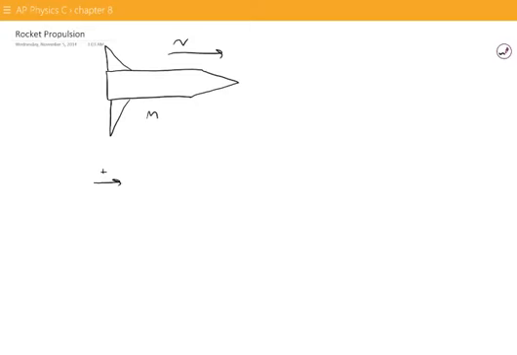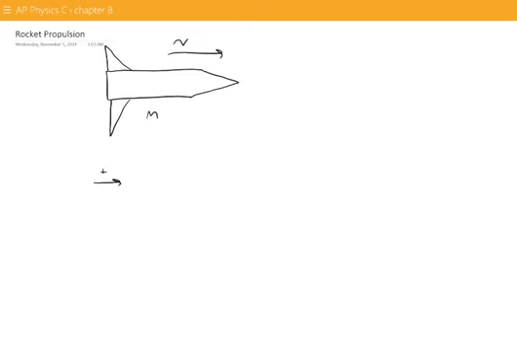Once the rocket starts to burn fuel, this problem becomes really interesting because, like we were talking about with momentum conservation the other day, the rocket's going to push fuel out the back, and there's going to be an equal and opposite force from the fuel pushing on the rocket.